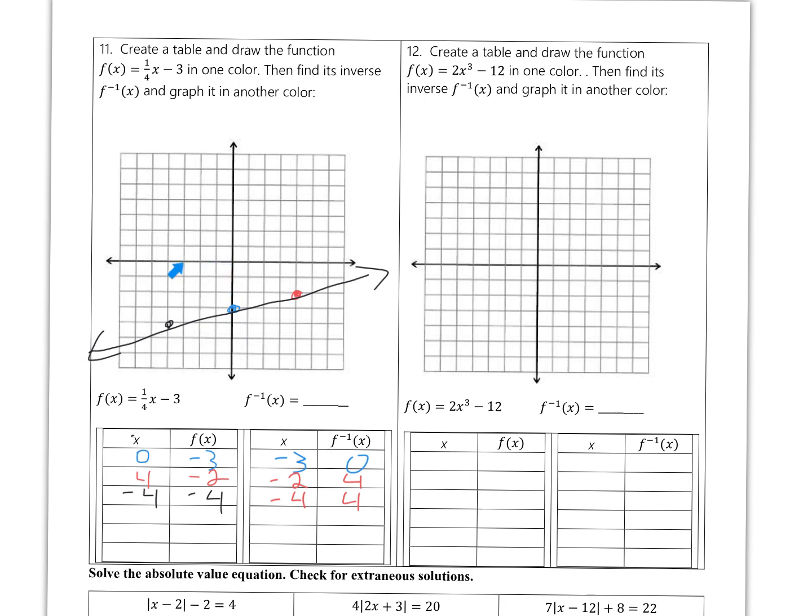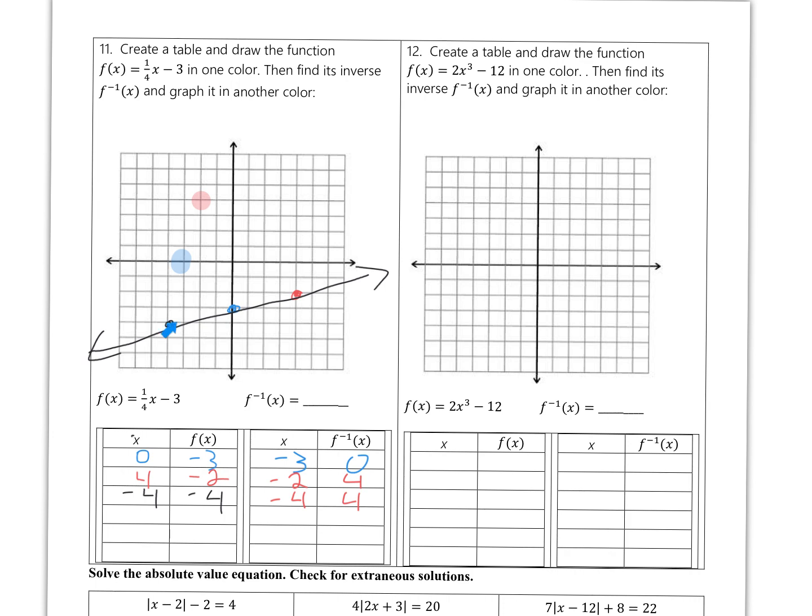We have negative 3, 0, which would be here, negative 3, 0. And then our 4, negative 2, the inverse is negative 2, positive 4. So negative 2, positive 4 would be right here.